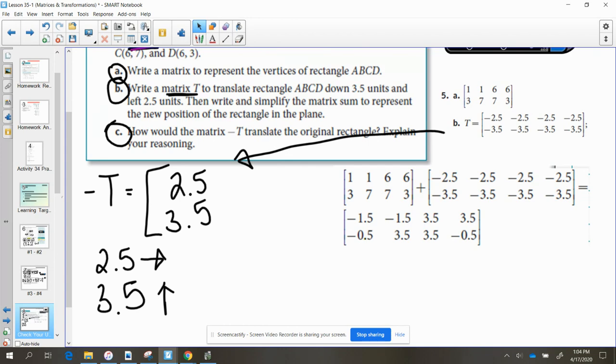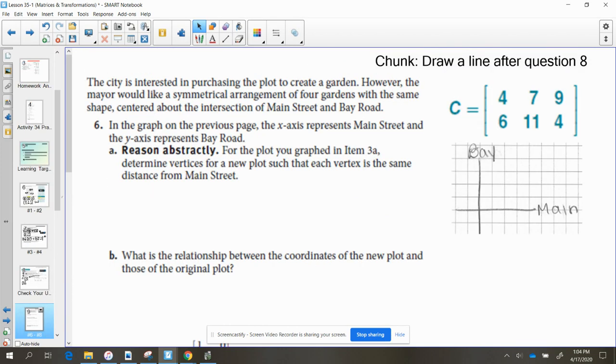Okay. Now, the next portion of these notes is going to talk about a different idea of planning using a city garden. Now, using those points that we had originally, we were at 4, 6, 7, 11, so it'll be somewhere up here, and 9, 4, so somewhere here.